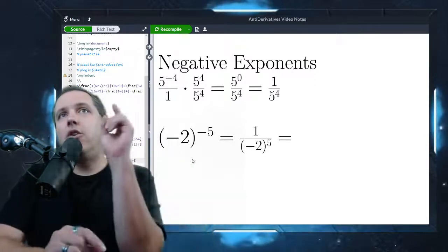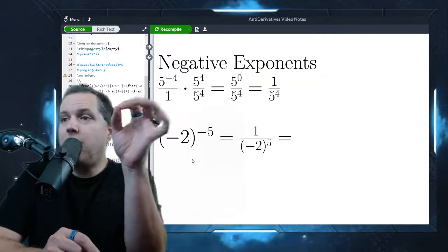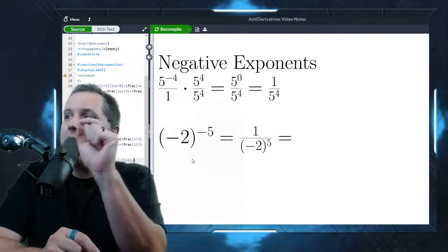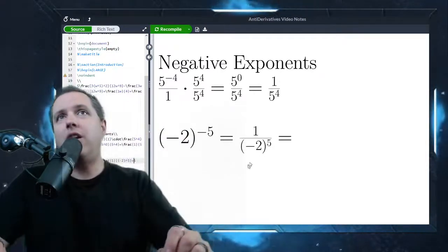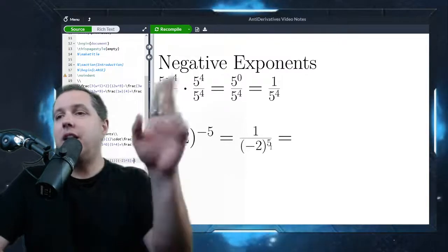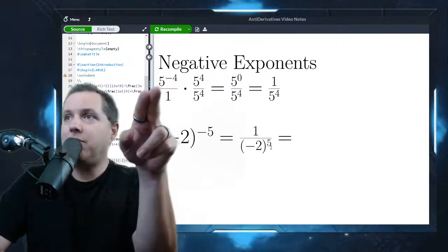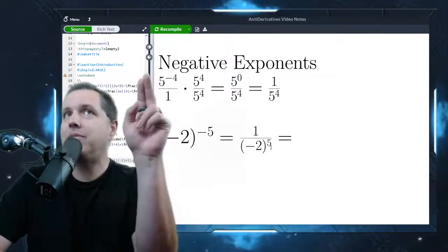But notice what happens in this case. Remember our rule we just talked about? A negative times a negative is a positive. In other words, negatives cancel out in pairs when multiplying. Well, we have an odd number of them here. So negative 2 times negative 2, the negatives cancel. Times another negative becomes negative. Times another negative becomes positive. Times the last negative becomes negative.